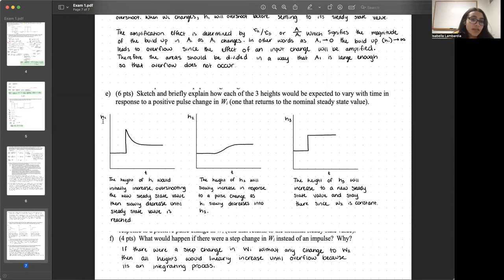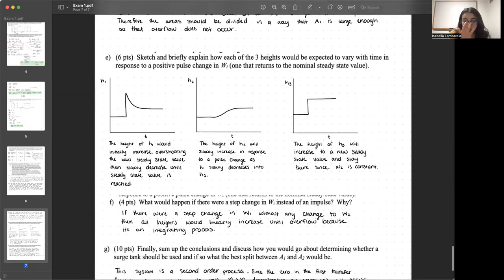So just to clarify, H1 and H2 are dealing with the weir, H1 being the height on the first side of the weir, and height 2 being the height of area 2, and H3 is the tank without the weir.